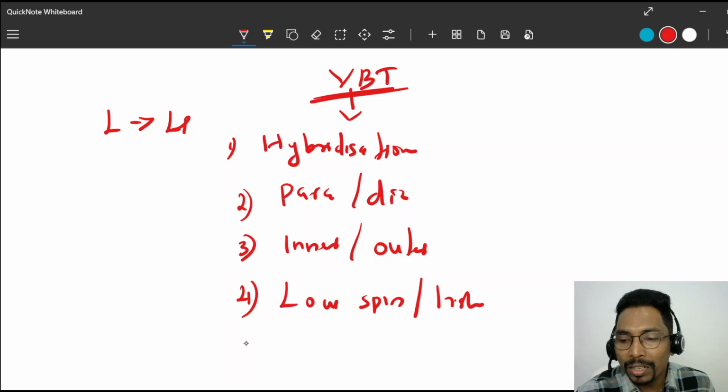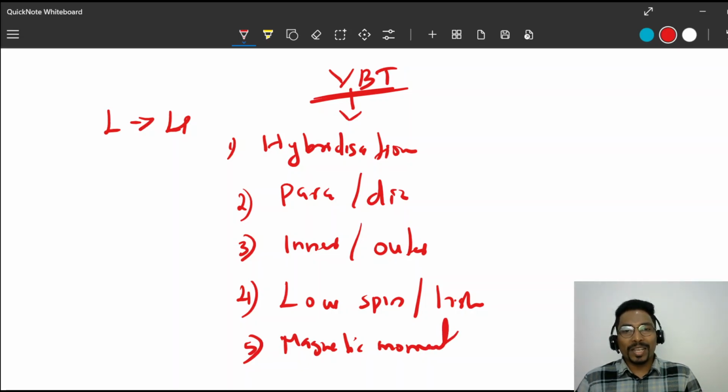And the last one is the magnetic moment of that particular complex.